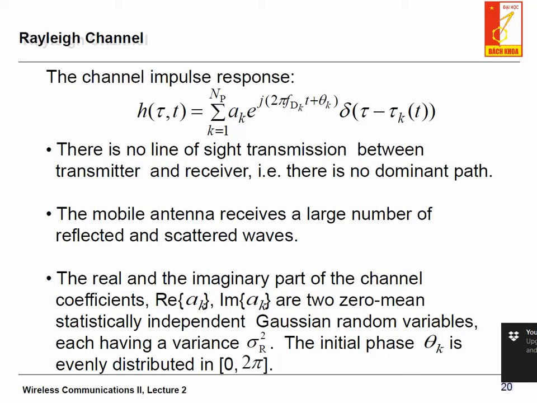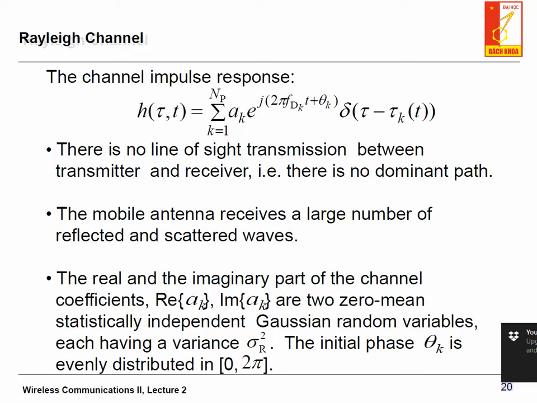Okay, let's continue. We have a Rayleigh channel. When does it appear? In the transmission environment, there is no line of sight connection. Suppose that we have a mobile phone, and the base station is somewhere outside.